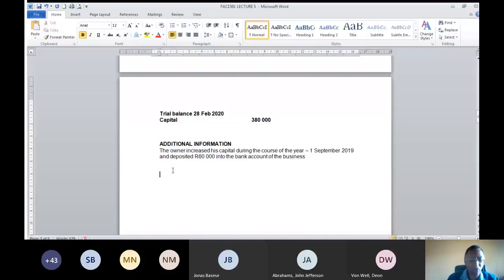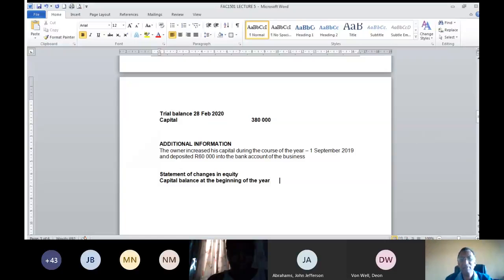So when you do the statement of changes in equity, you start here and you say the capital balance at the beginning of the year. Your capital balance at the beginning of the year, in my example over here, will not be 380,000 because that is the balance on the 28th of February.